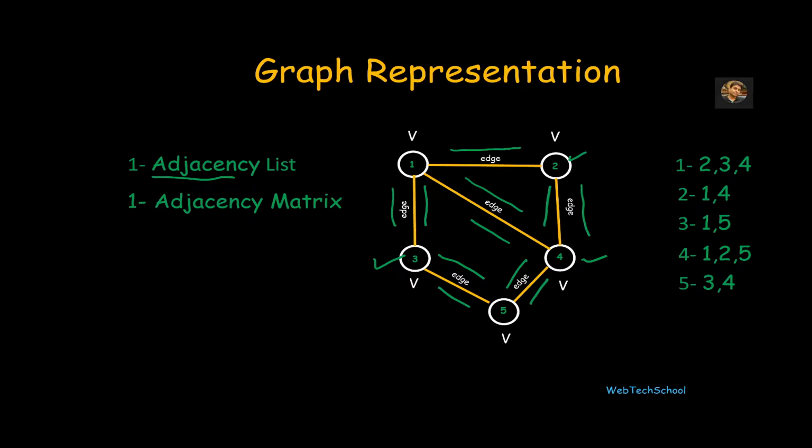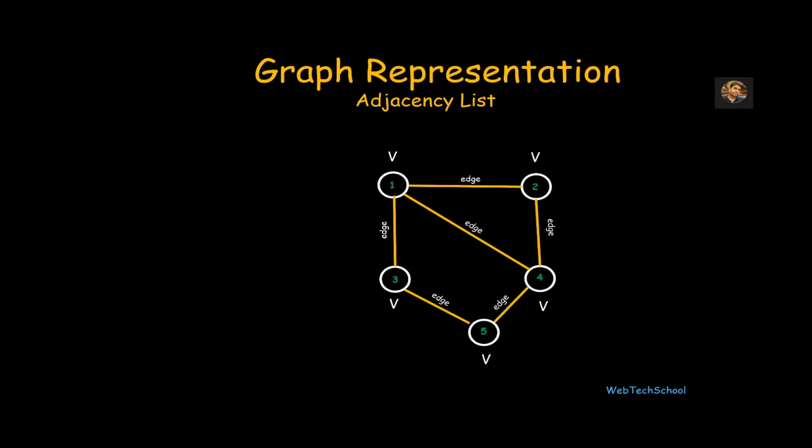So this representation, what we have just created, has the entire data for the graph. If we can store this information inside the computer memory using any of the existing data structures, then we will be able to store the graph as well. Let's look at the adjacency list first. Let's say we have this graph and we have to store it inside the memory using the adjacency list approach.